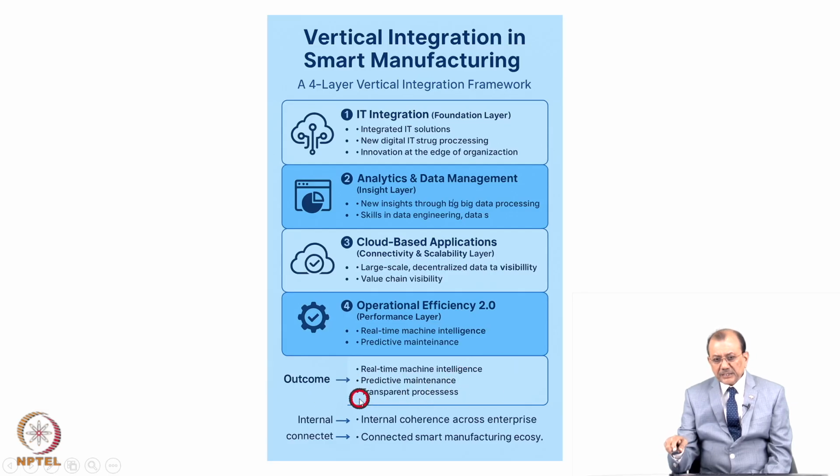The important aspect is that once we have vertical integration, the processes become transparent. We can see what is happening in each and every process, how much dispatch is being done, and whether there is any problem in the operation or scheduling processes which may affect the production targets. This is all due to the vertical integration.